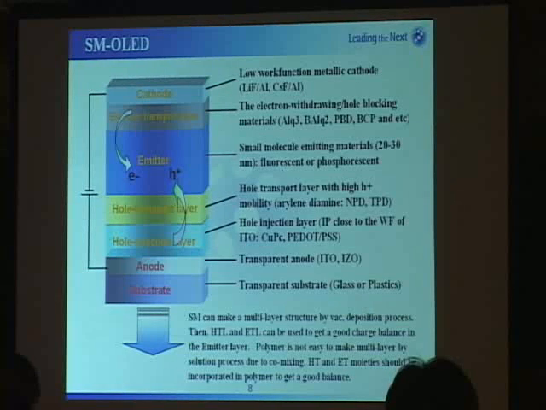Then the hole transport layer and electron transport layer can be used to get a good charge balance in the emitting layer. However, polymer is not easy to make into a multi-layer by the solution process due to the co-mixing problem. Then hole transport and electron transport moieties should be incorporated in the polymer chain to get a good charge balance.